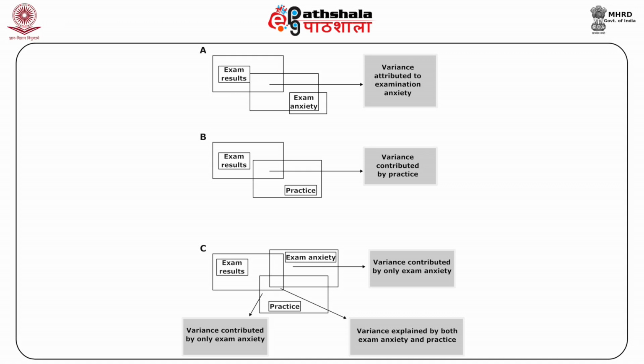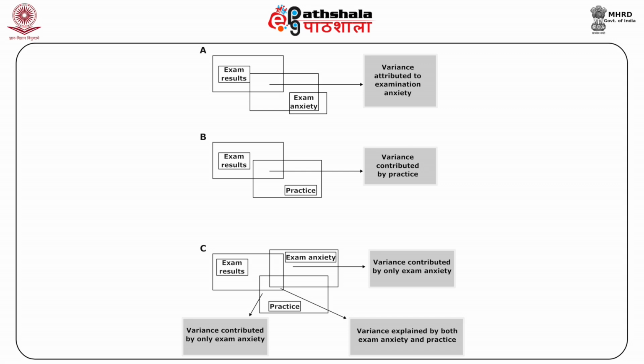The variance contributed by examination results, practice of syllabus and examination anxiety are shown as they contribute to the understanding of partial correlation. We find examination results, examination anxiety and the practice of syllabus depicted as rectangles.